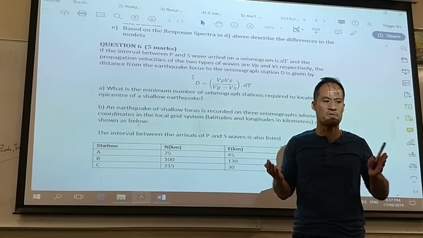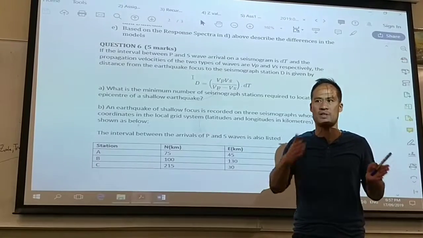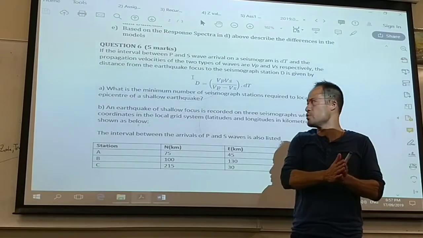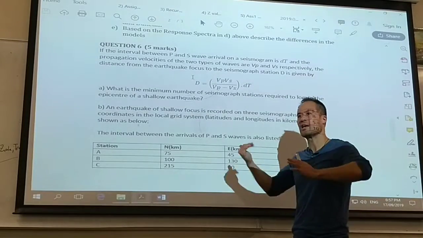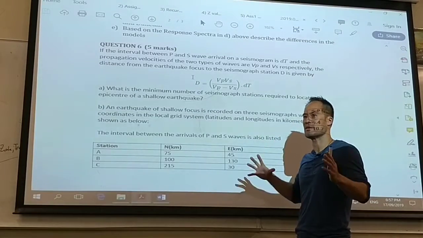If you get the time difference between the arrival of the P wave and the S wave, you can use that to triangulate where the earthquake is, okay?